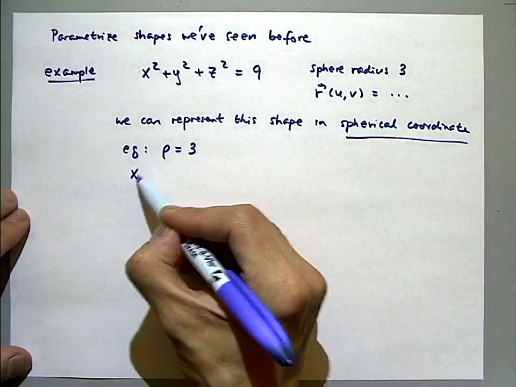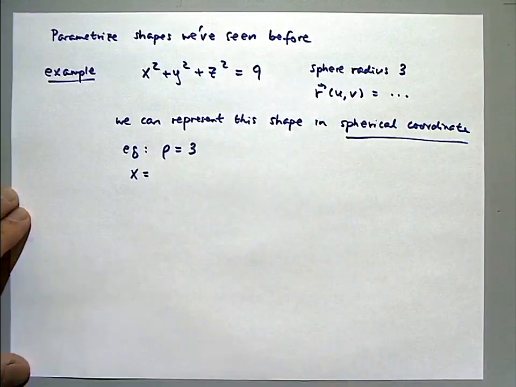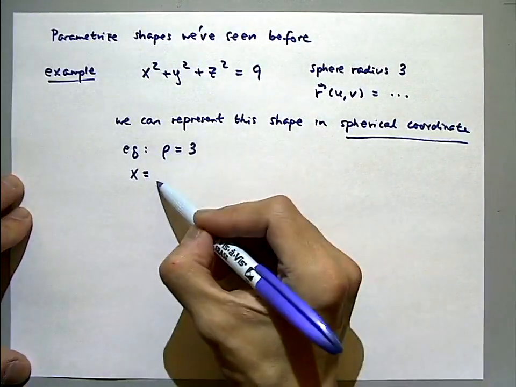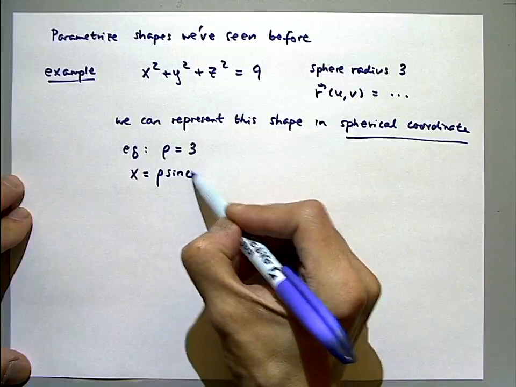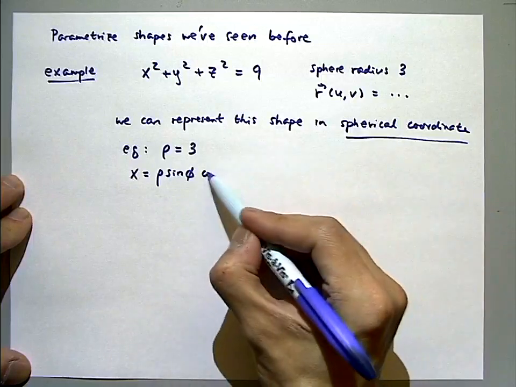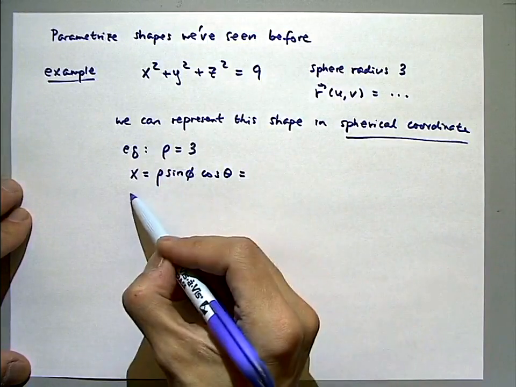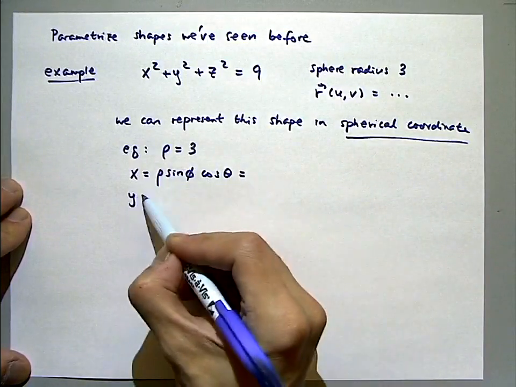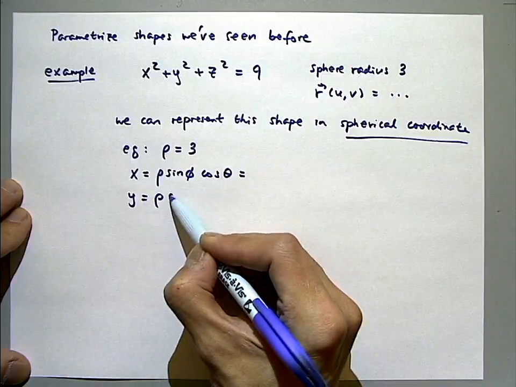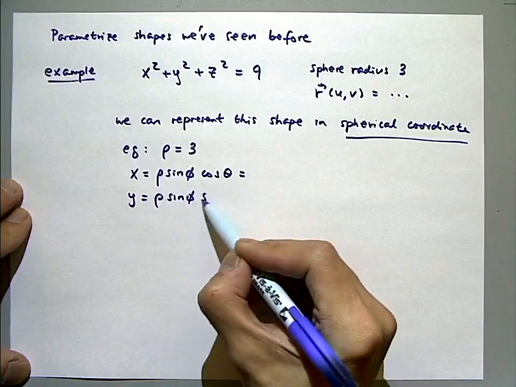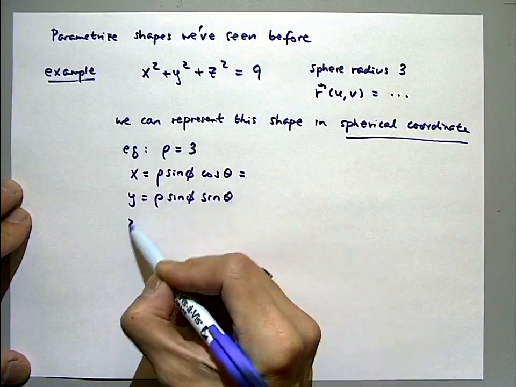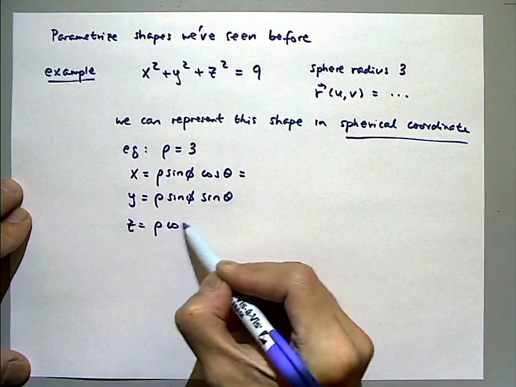Now remember the relationship between the Cartesian and spherical coordinates. x is rho sine phi cosine theta. y is rho sine phi sine theta. z is rho cosine phi.